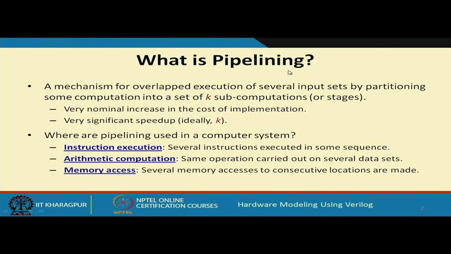Now, what is pipelining? Pipelining essentially is a method for overlapped execution of several input sets. What I mean to say is that whenever you have some computation, there will be some input data you are applying and you are finally getting some result.